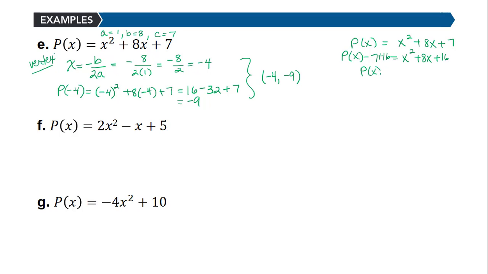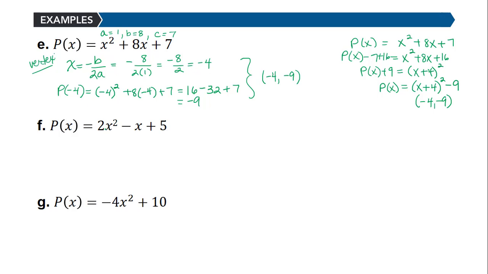P of x minus 7 plus 16 is plus 9. And then that is equal to x plus 4 quantity squared. And so lastly, I can subtract 9 to get p of x equals the quantity x plus 4 squared minus 9. So by the vertex form, the vertex is negative 4, negative 9.